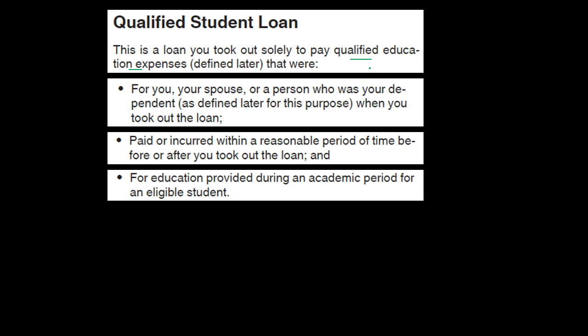The purpose of the loan was for the education expenses, and therefore the interest related to it when we repay the loan is possibly something that we can get a benefit from through a deduction.